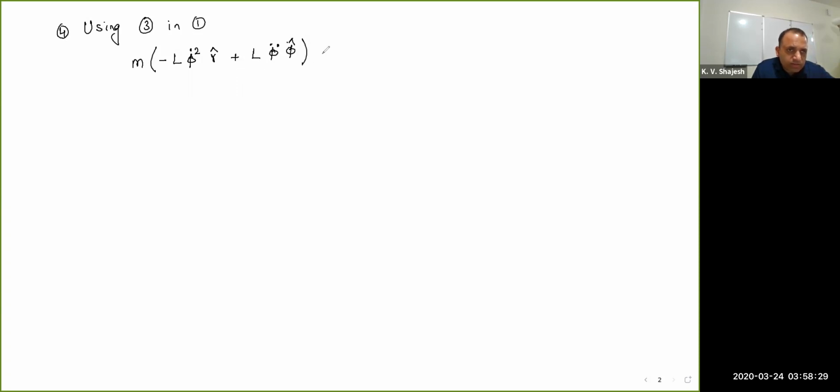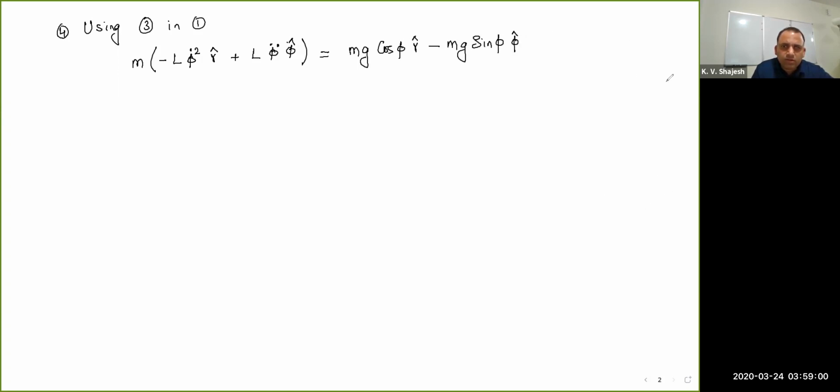That's mass times acceleration. That's equal to mg, which can be broken into r and phi directions as mg cosine phi in the r hat direction, plus, actually minus mg sine phi in the phi hat direction, correct?